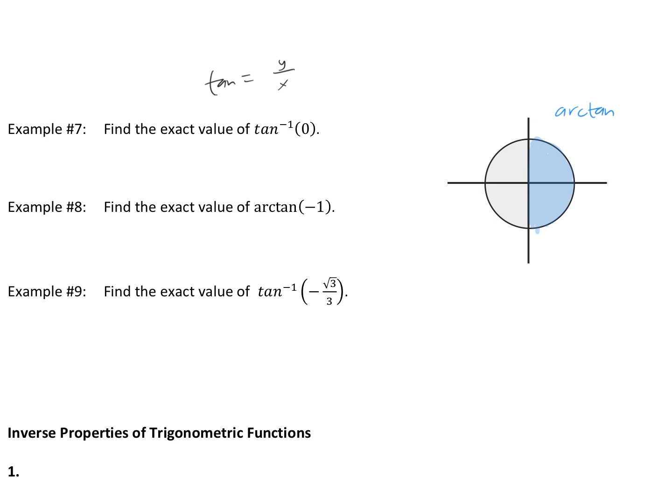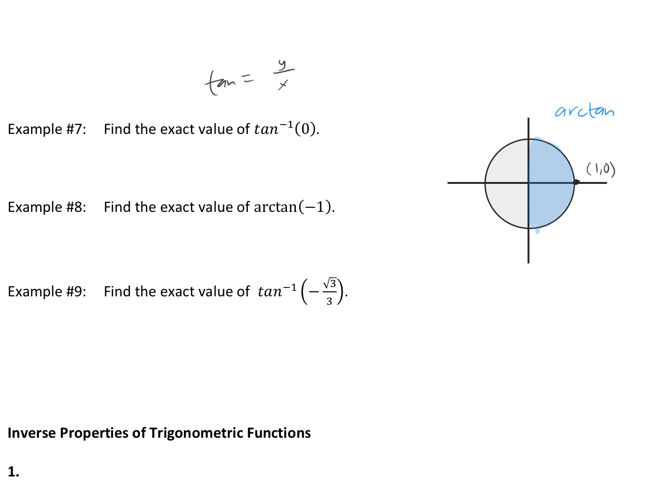Is it pi over 4? Is it? I'm asking you. Pi over 4. If I did y over x, that would give me 1, wouldn't it? But I want 0. So this coordinate point would be 1 comma 0, right?